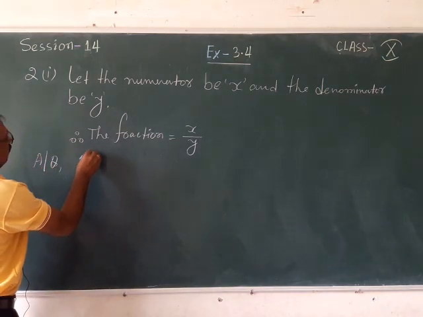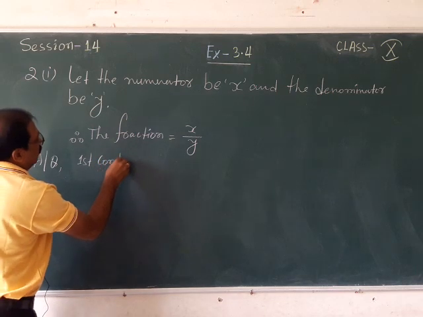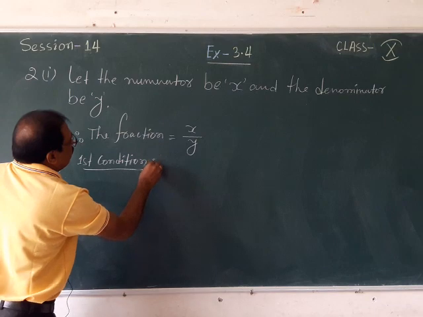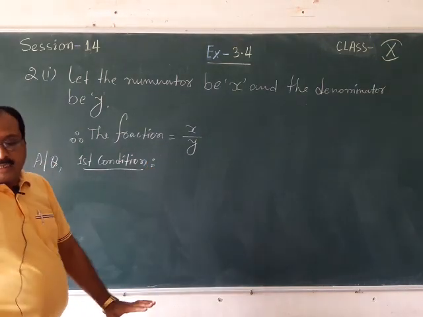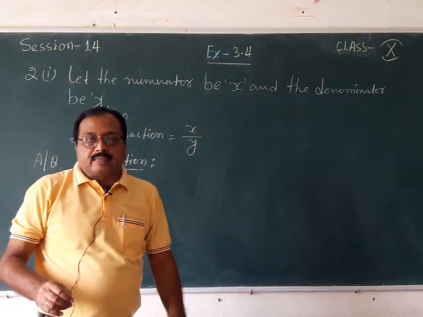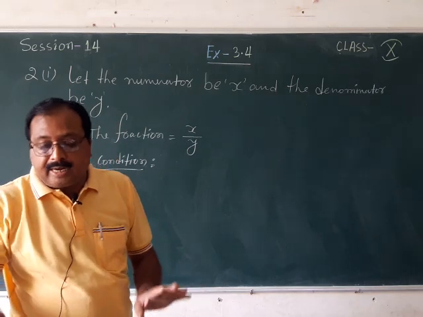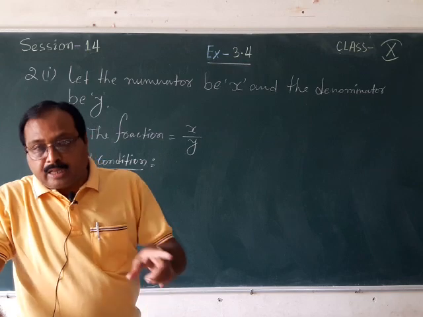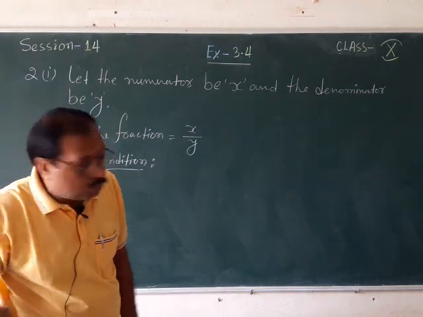Now according to the question, the first condition. What is the first condition? Read the statement and check what the first condition is. It is given that if we add 1 to the numerator and subtract 1 from the denominator, the fraction reduces to 1.